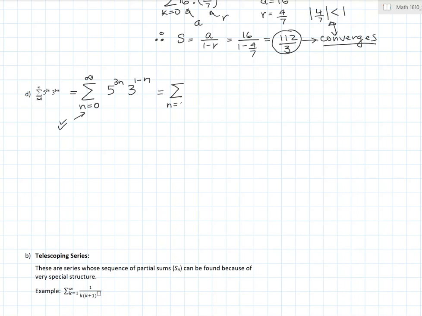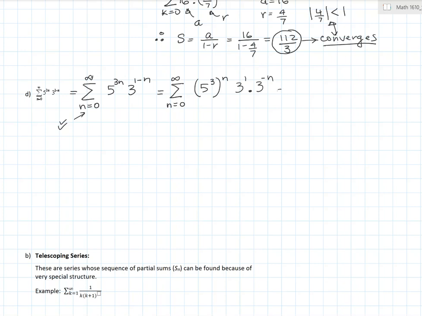So you have to recall your high school algebra. So 5 raised to the power 3n can be written as 5 cubed raised to the power n, and 3 raised to the power 1 minus n can be written as 3 raised to the power 1 times 3 raised to the power negative n.